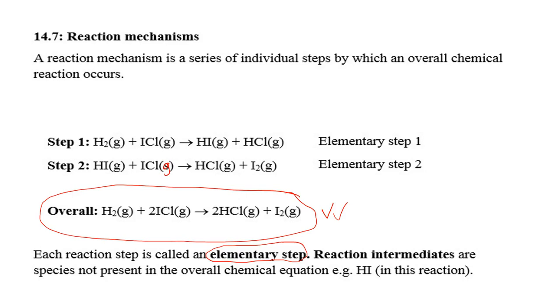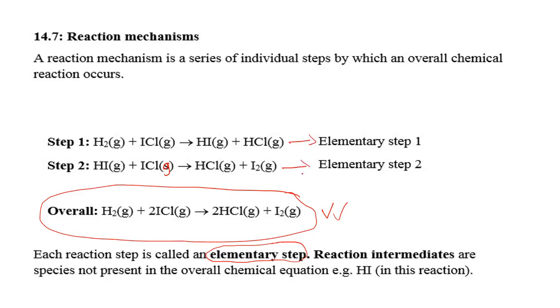Now, when you add the two steps, they will give you this overall chemical reaction. So really, when we think about chemical reactions, think about the elementary steps. All the steps that are involved in that chemical reaction are known as elementary steps. So this reaction is elementary step 1.